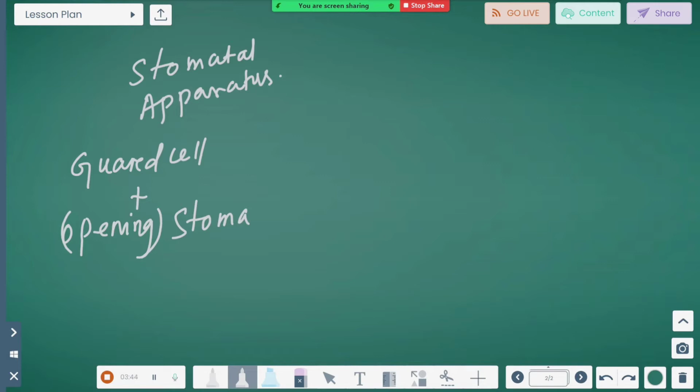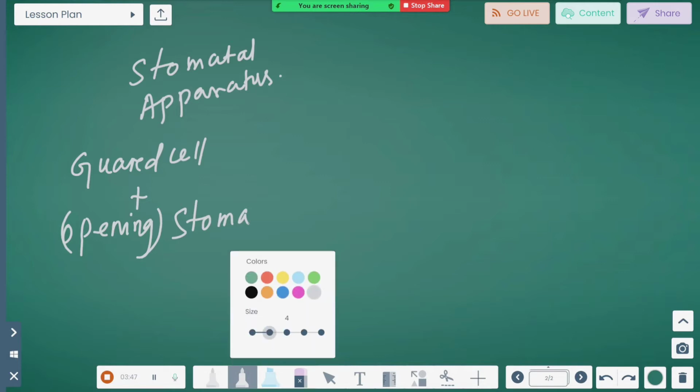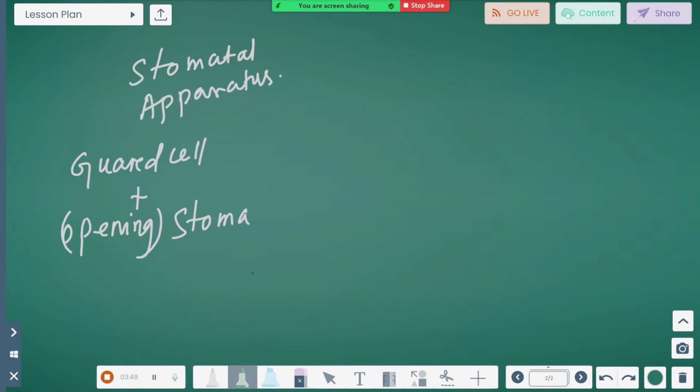How does the structure exactly look? Let us see.